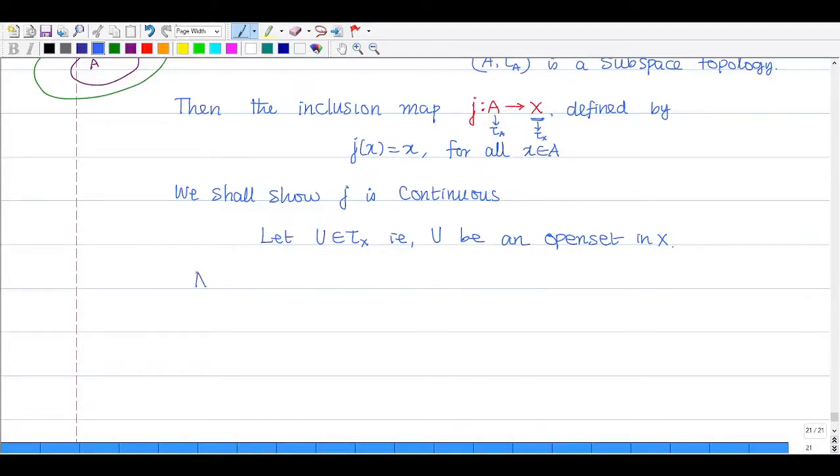Now J inverse of U, இது என்னது, by definition this is equal to set of all x belongs to capital A. Correct?